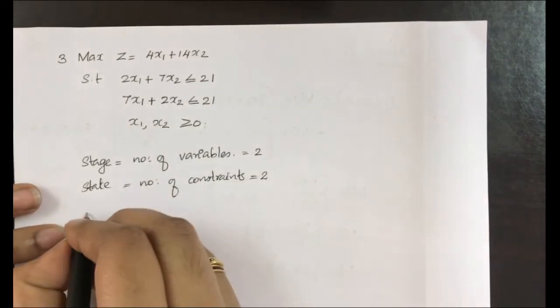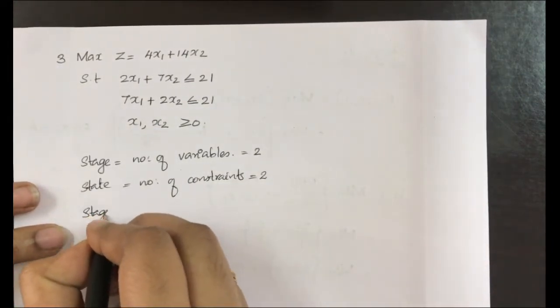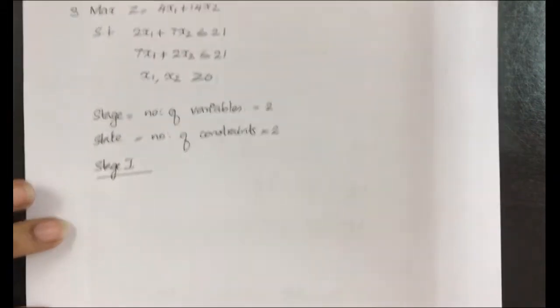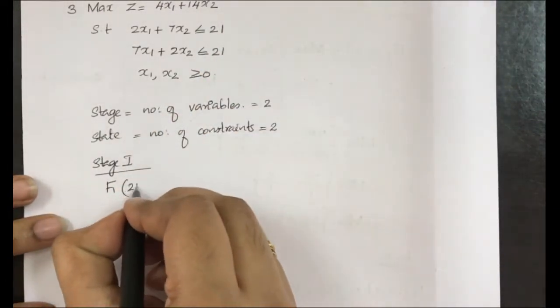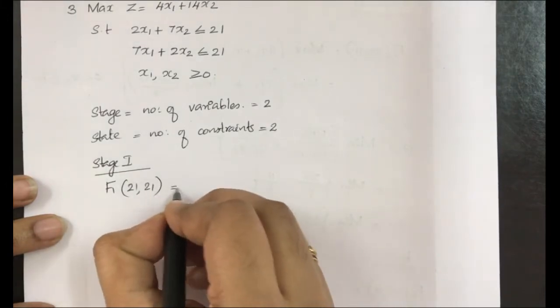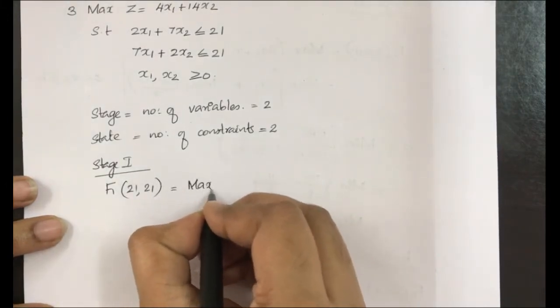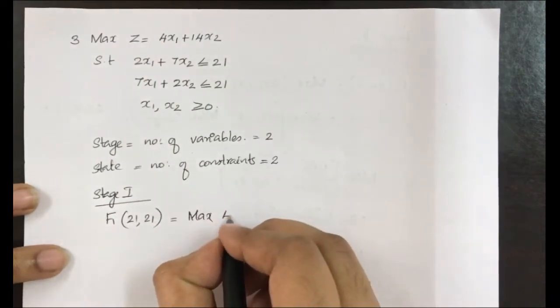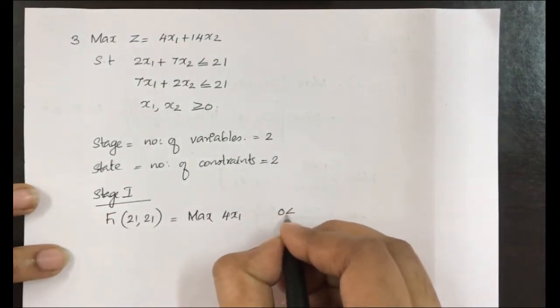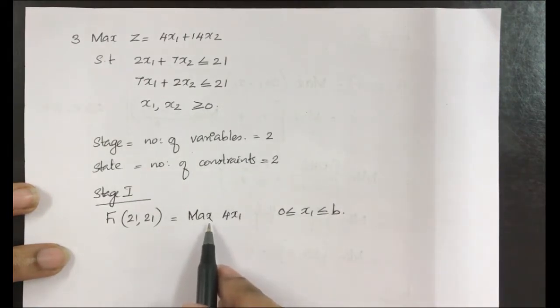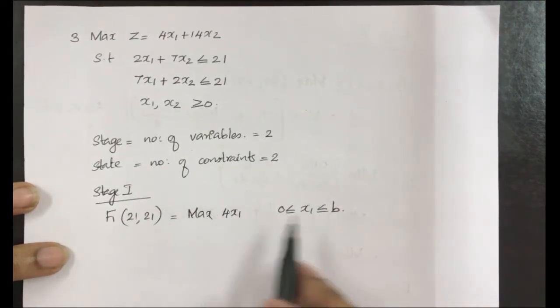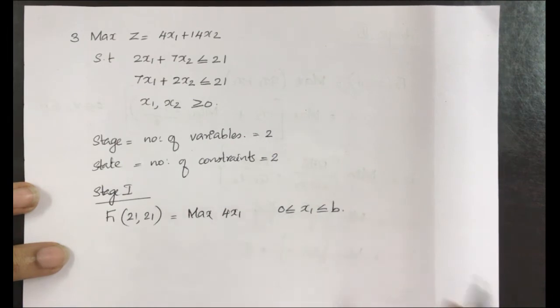Now we are going to go for stage 1. Function f1 of 21 comma 21 is equal to maximize first term 4x1 where 0 less than or equal to x1 less than or equal to b, that is maximum of 4x1 will be obtained in between the limit 0 to b.